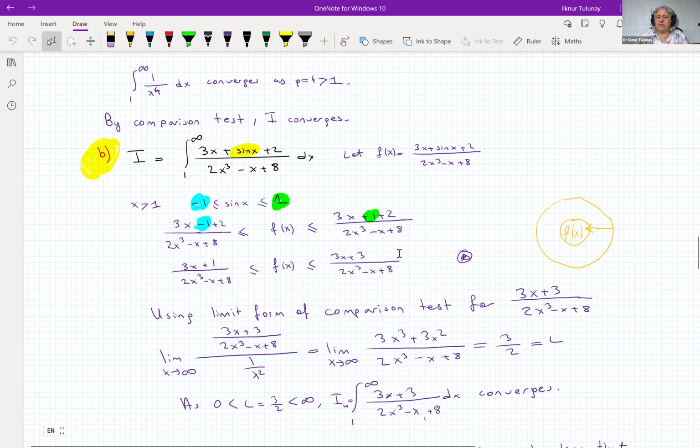Now, if you take this one, and if you realize that this form converges, because this is a smaller ball. If you prove that this is converged, you have no information about whether this function converges or not, because this is smaller.